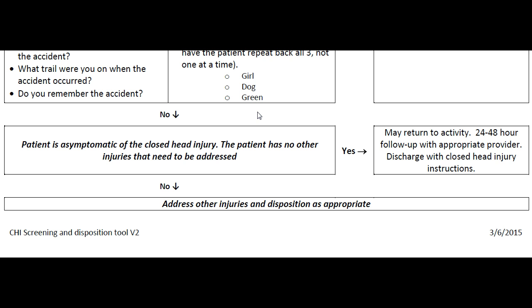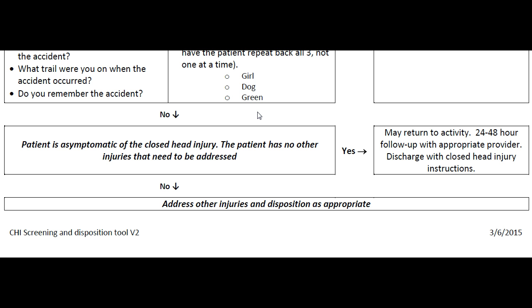So make sure that all patients that you are discharging, that you are not sending by ambulance, have closed head injury instructions, even asymptomatic patients. They need to have those so that you assure that they've got good understanding that you just did a screening evaluation, and at that moment in time it didn't look like they had any symptoms.